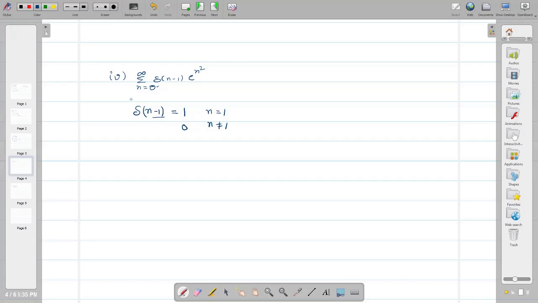So by definition, this expression is defined for n equal to 1. We are left with e raised to the power n and n raised to the power 2. Putting in the value of n, this is e raised to the power 1, then raised to the power 2, so it has the value e.